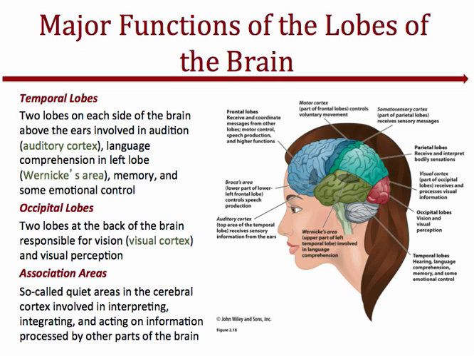There are also areas that are referred to as association areas. These were believed to be what are called quiet areas of the cortex because they don't perform specific functions like visual processing or tactile processing or auditory processing, because they sort of integrate information from multiple areas of the brain.